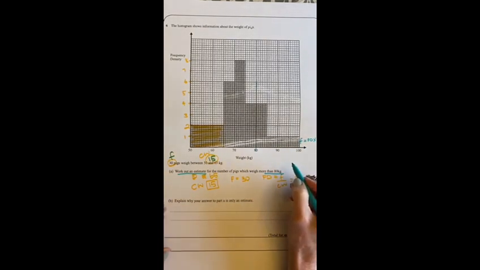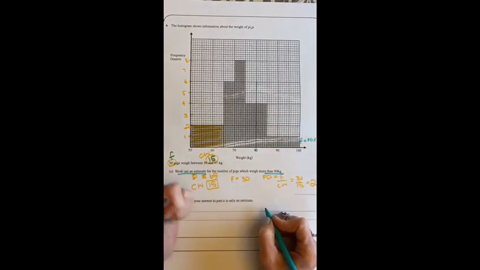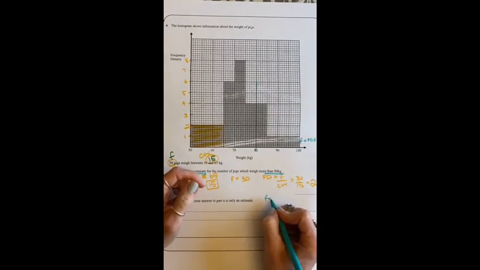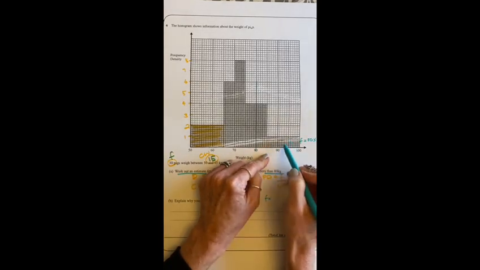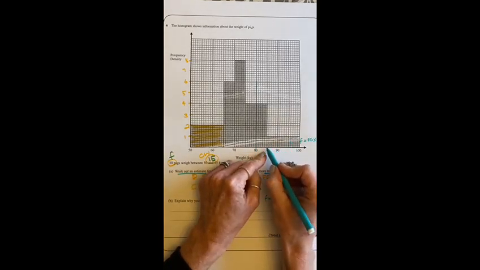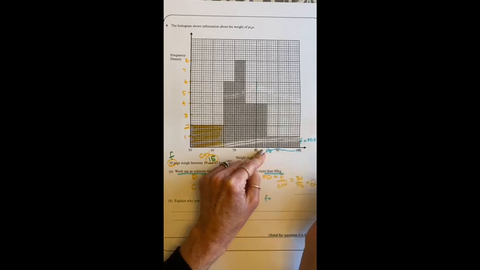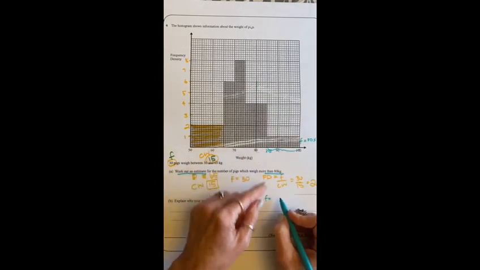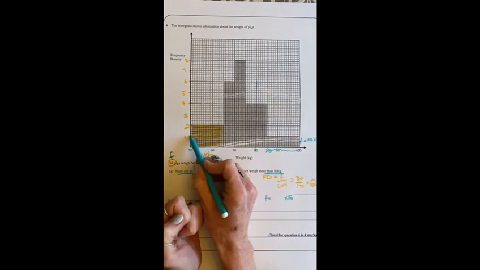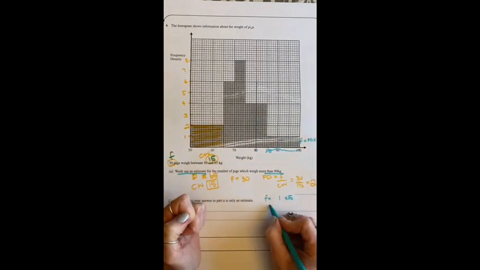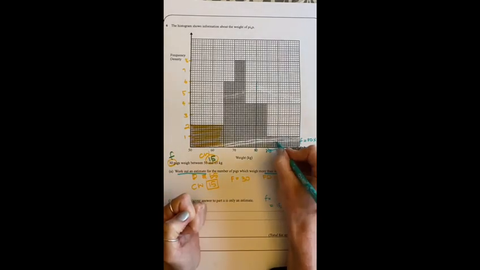This one over here will be, if that's 85, 85 all the way to 100, that makes the class interval, or width, 15. The frequency density is 1, so it's 1 times 15 equals 15. So 15 pigs belong over here.